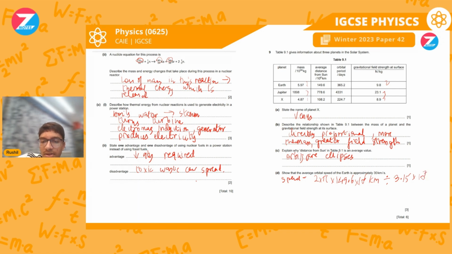So when we calculate this out, the average orbital speed comes out to 29.78 kilometers per second, which is basically approximately 30 kilometers per second.